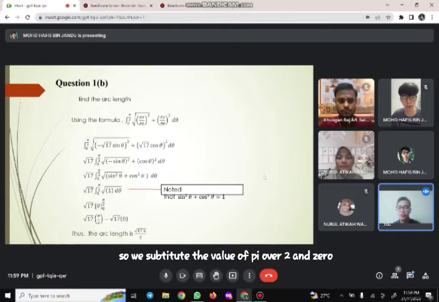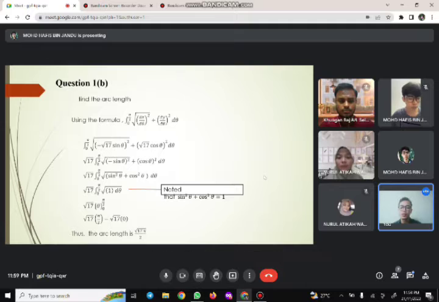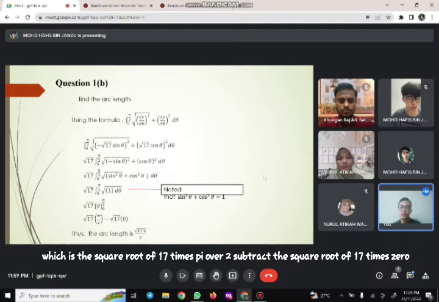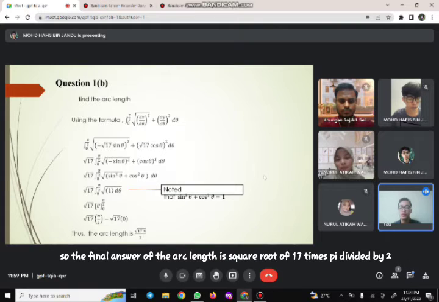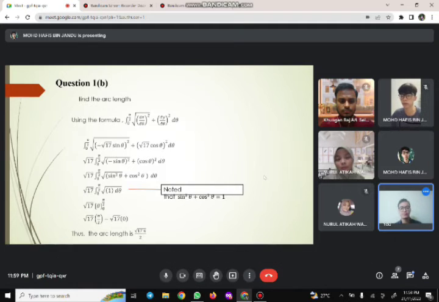So we substitute the value of pi over 2 and 0. To find the arc length, we do the subtraction, which is the square root of 17 times pi over 2 subtracts the square root of 17 times 0. So the final answer of the arc length is the square root of 17 times pi divided by 2.